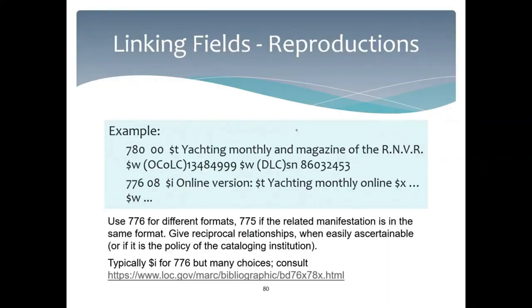So you have a print and you want to link to the online version. On the 776 you can link to the online version, and then on the online record, you can link to the print. So reciprocal, linking back and forth between the two.